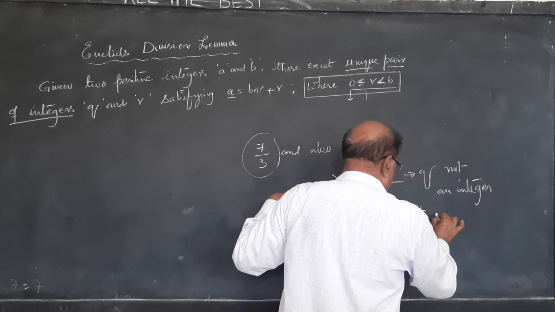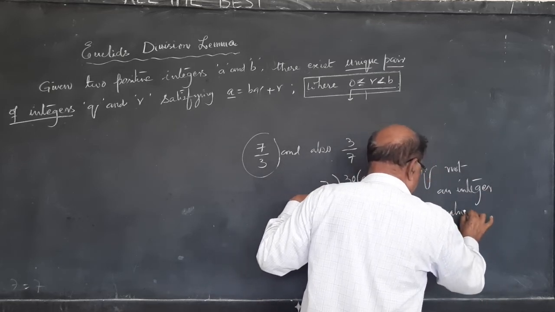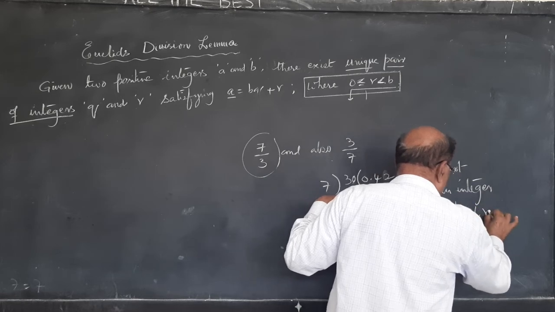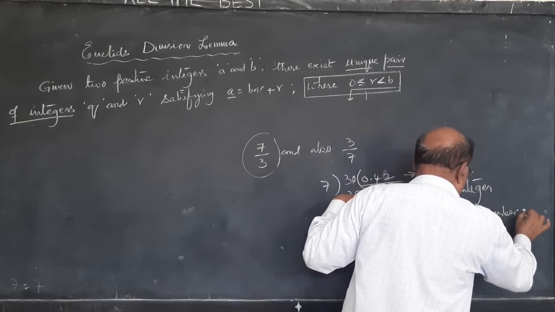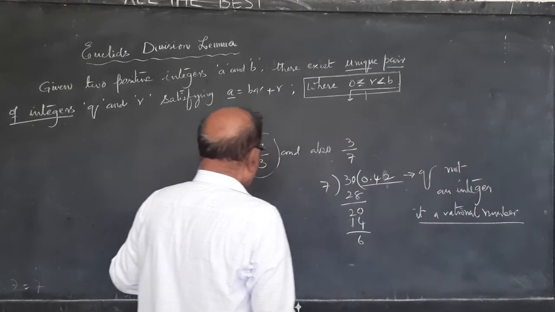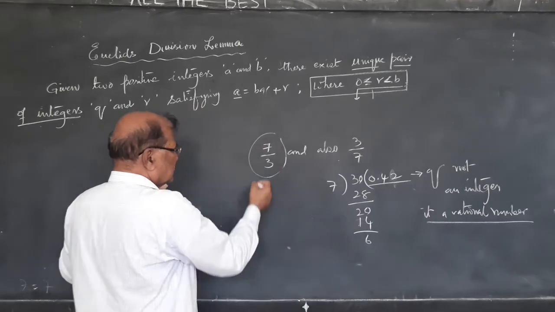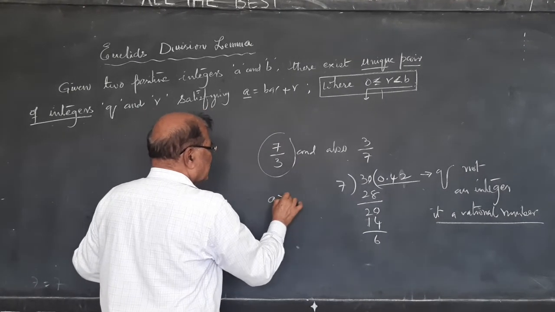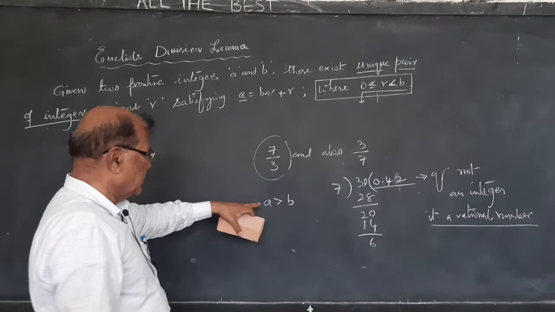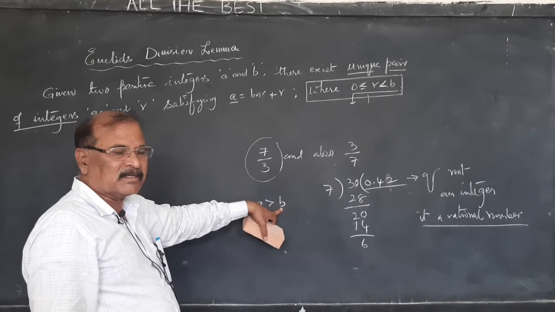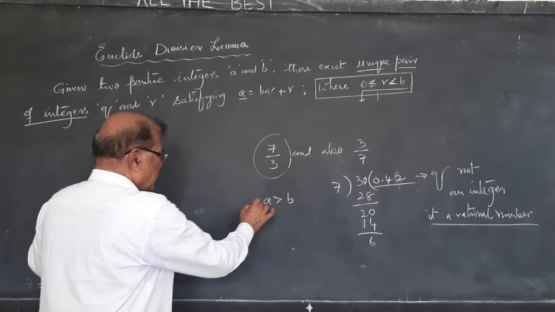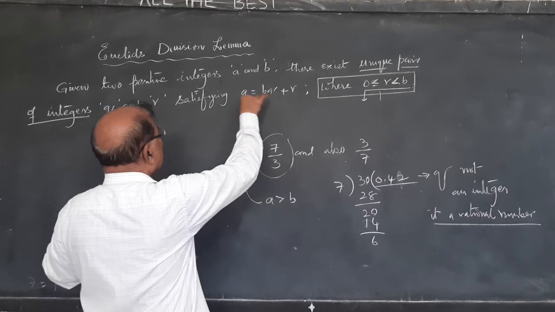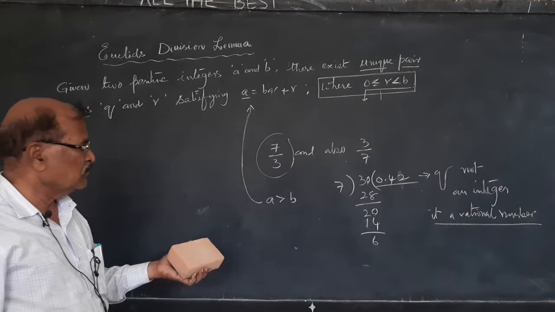It is a rational number. So, when A is greater than B, that is, the dividend must be greater than the divisor, then only we can apply the Euclid division lemma.